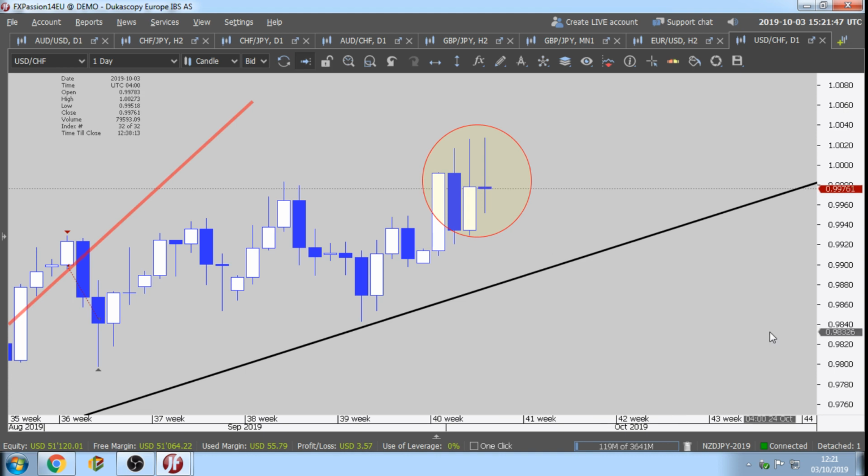What is happening? Candlestick formations. What is the market telling you? Candlestick formations are the sign language of the market. They are telling you something is happening, they are speaking to the traders, but you need to be willing to listen.